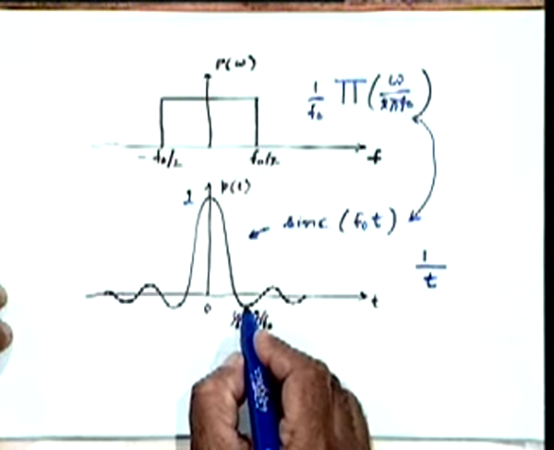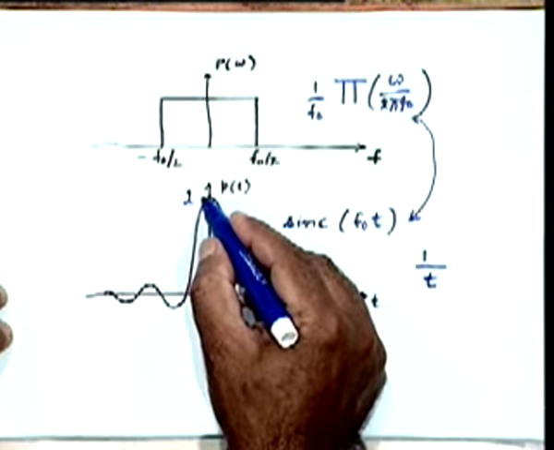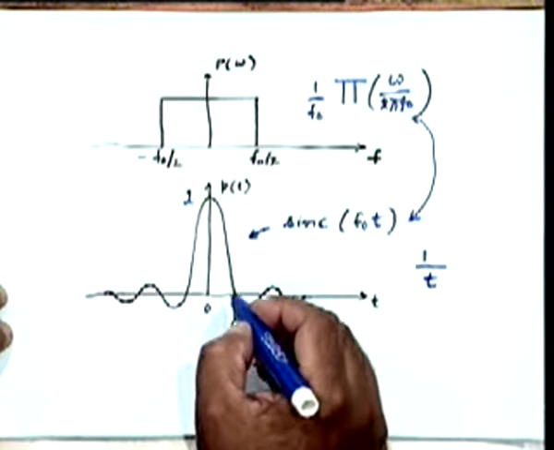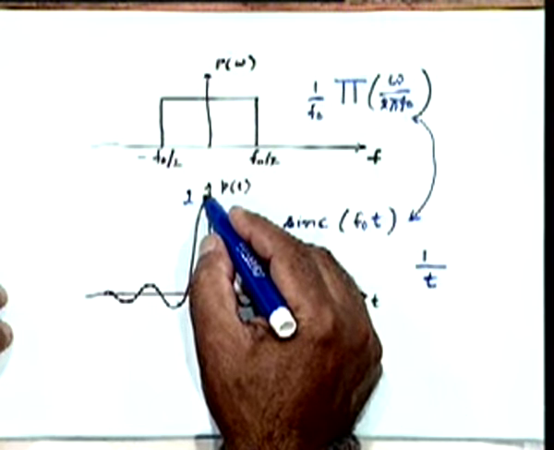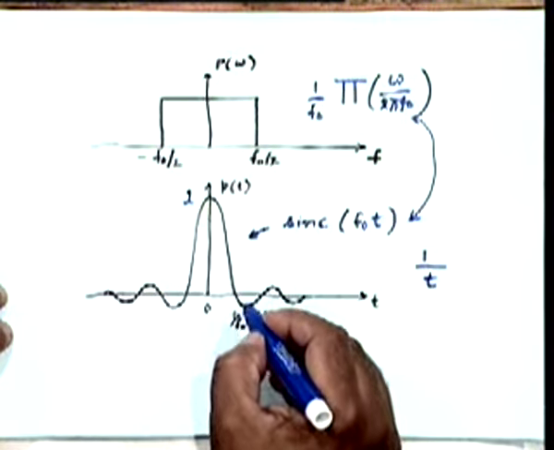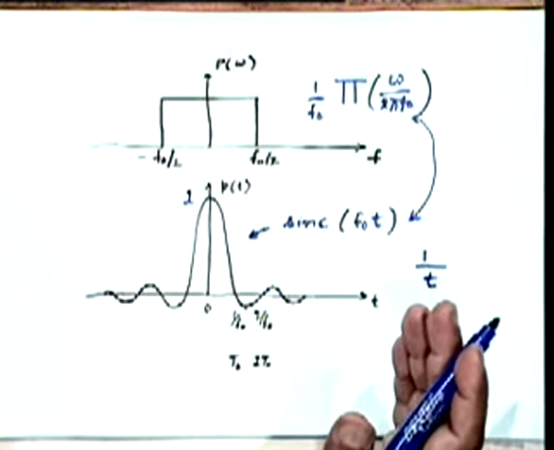In fact, you may know that the first side lobe of this is only 13 dBs below the main lobe value. If you take the ratio of the peak values, it's only 13 dBs in magnitude, which is not much. That means a small timing error can have a potentially large ISI associated with it. Number one.